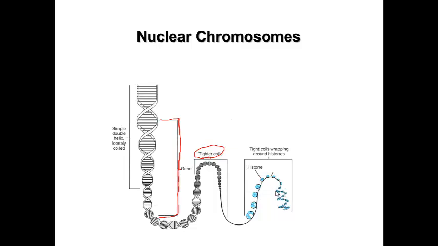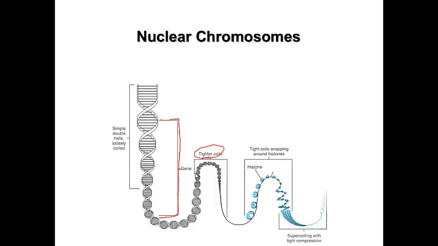And then these little strings of pearls, so to say, that are a combination of the DNA molecule and these intermittent histones start to coil around themselves.